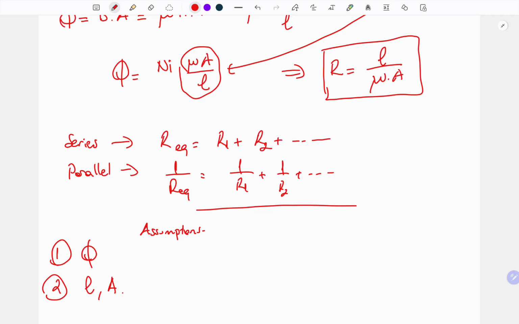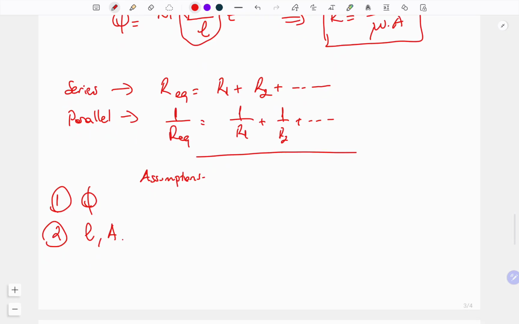But when we examine the way the flux goes through the magnetic core, the mean path length in practical applications can change. The flux can go through the corners or inside internal points of the core. But we will assume, as we drew previously, that the core mean path length follows directly the middle points of the core all the way.